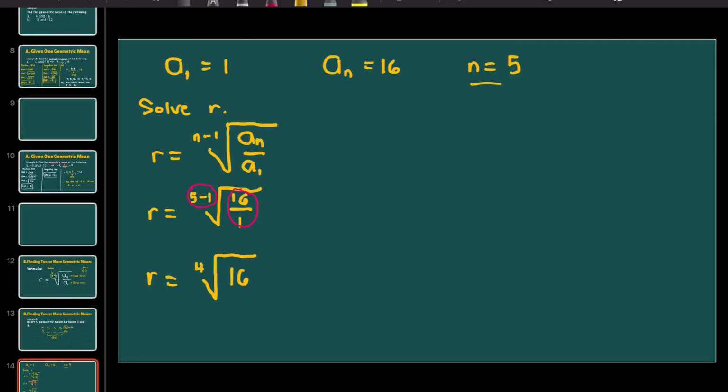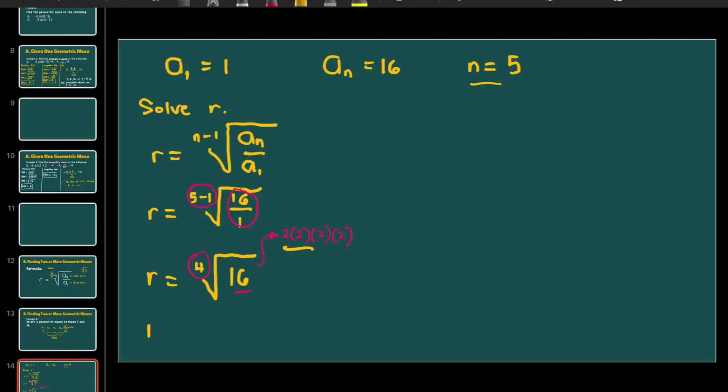So, let's start with 2. So, isip tayo ng number na kapag minultiply natin ng 4 na beses, we will get 16. So, try natin ng 2. 2 times 2, 4 times 2, 8 times 2, 16. So, ang fourth root of 16 ay 2.